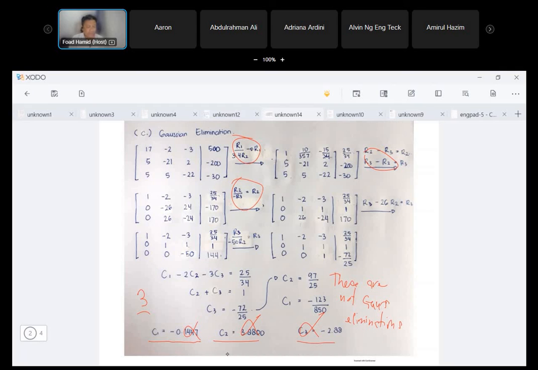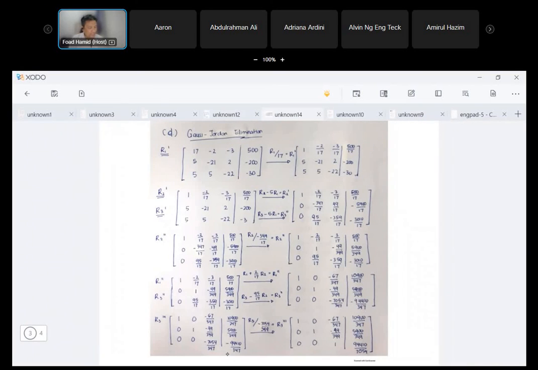I'm training you not to be a calculator, but to be a thinking engineer. There should be a bell ringing somewhere saying, oh, my Gaussian elimination gives me a different result than my Gauss-Jordan method, but the equations are all the same. So what is wrong here?